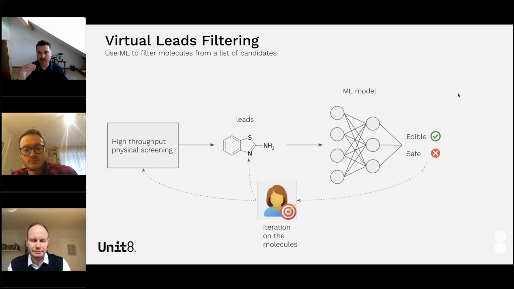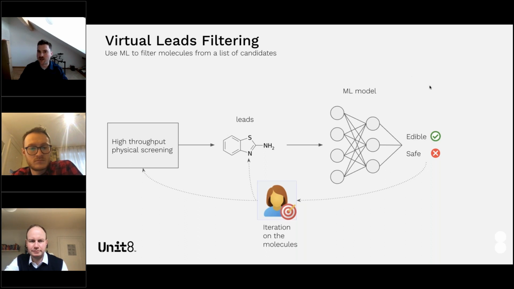And if there is, it counts as a lead, but still there are many leads, like tens of thousands of leads or more. So we still have to know which leads are good, for example for the other criteria that come down the chain. For example, which ones are safe, which ones are edible, soluble, and so on. So here, one approach is to have predictive machine learning models which predict these attributes.